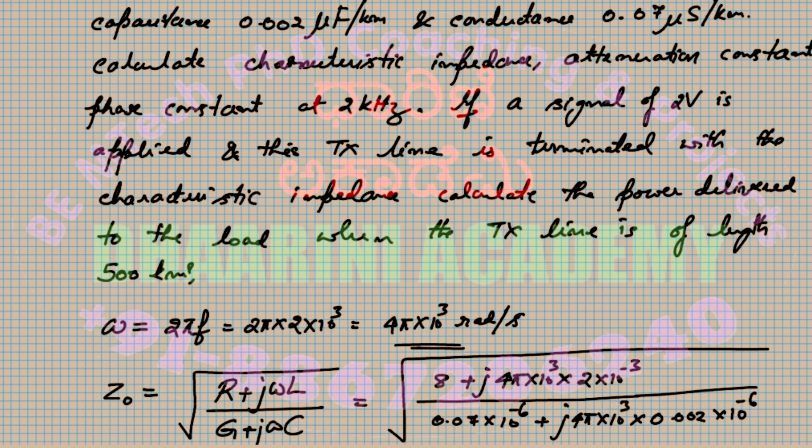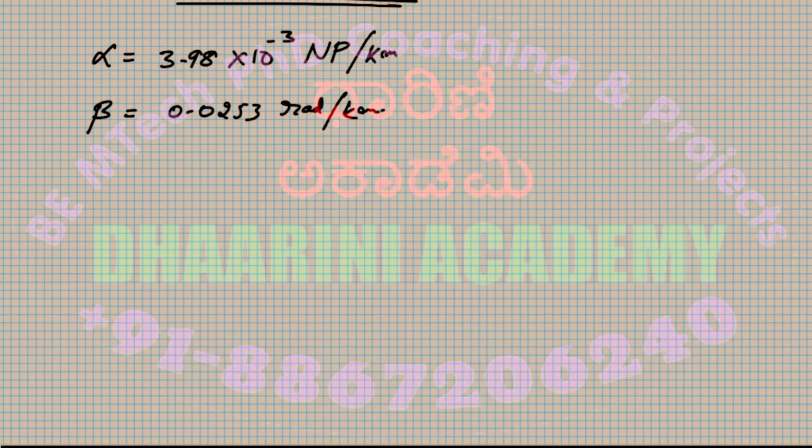First, I need a resistance value, right? You have to calculate a resistance that corresponds to the Z naught over there. Okay, we'll think about that later. So I need the resistance value on the Z naught side, and I also need the current. First we'll try to solve the current part.